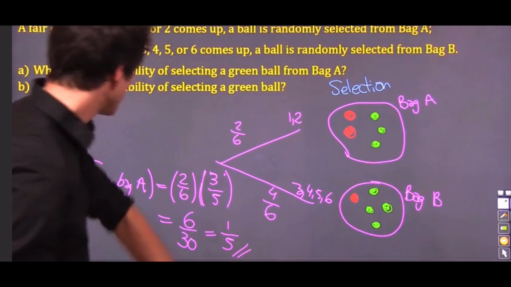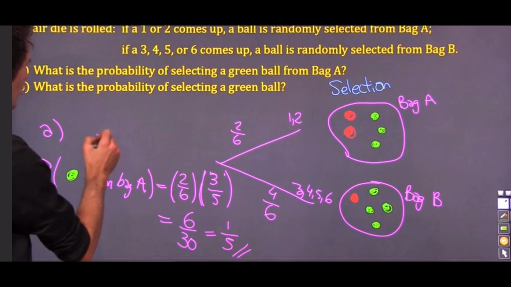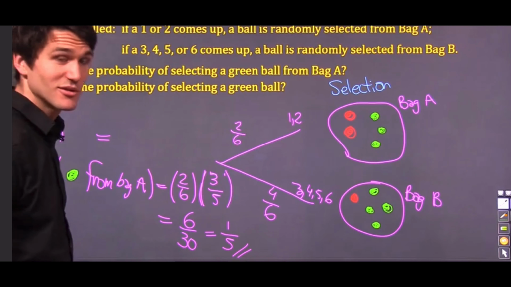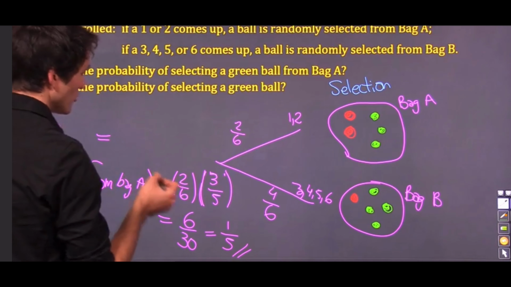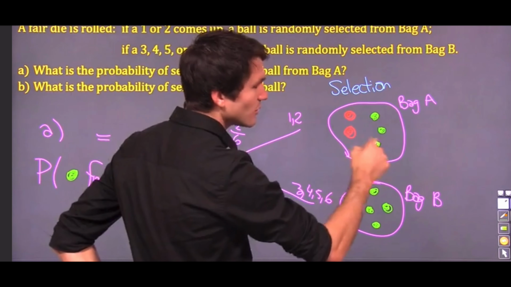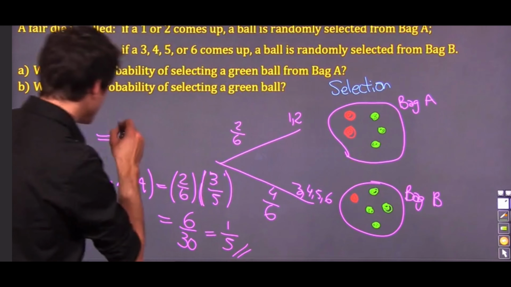So in this example, what would my A be? My A would be rolling a 1 or a 2. So the probability that you roll a 1 or a 2, and the probability you select a green ball given that you rolled a 1 or a 2, right?